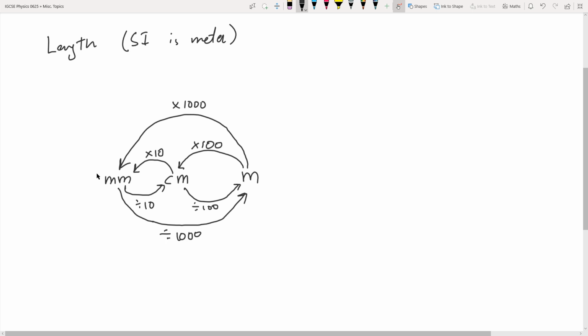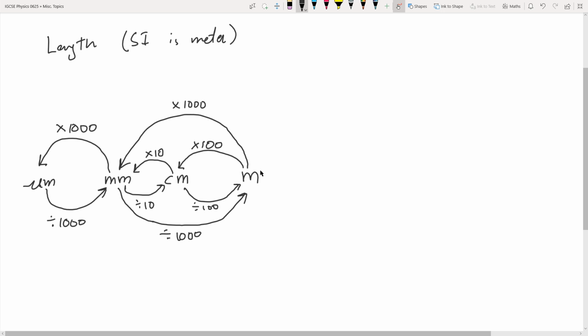And from millimeter, we have micrometers. That's a smaller unit, so we multiply by 1000 if we're going down, and if we come back up, we divide by 1000. So that is how this conversion is going to work.